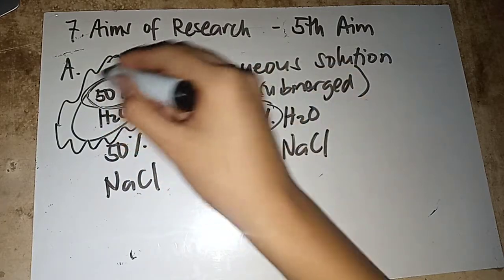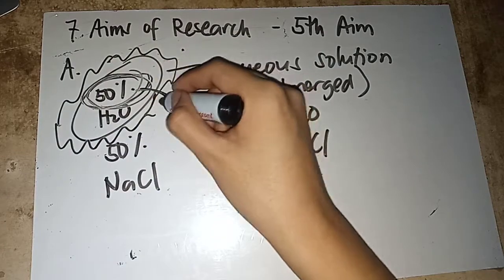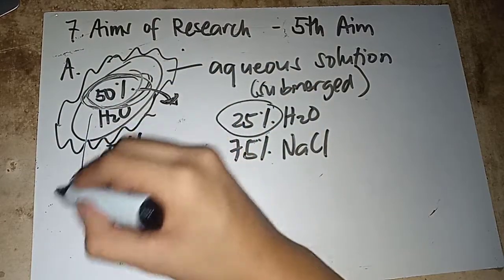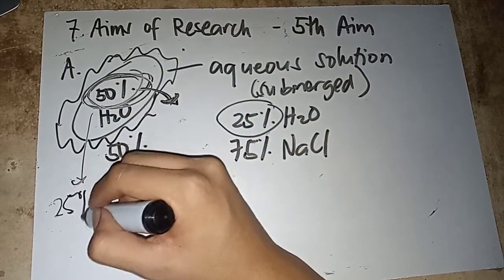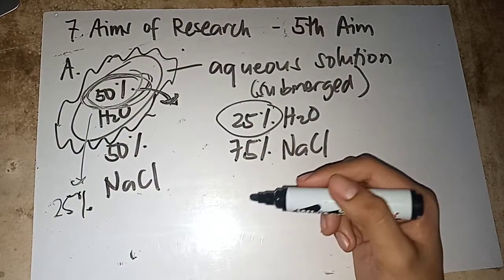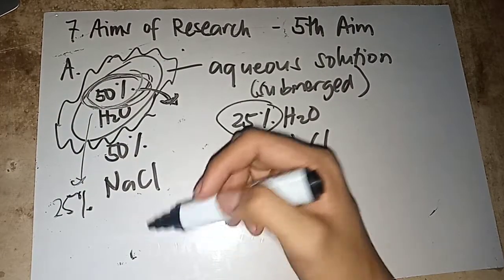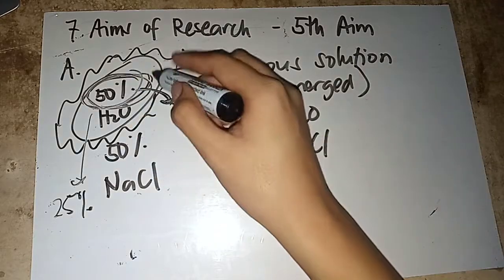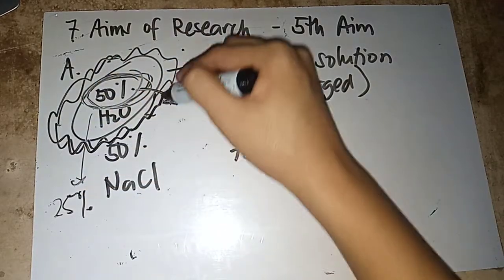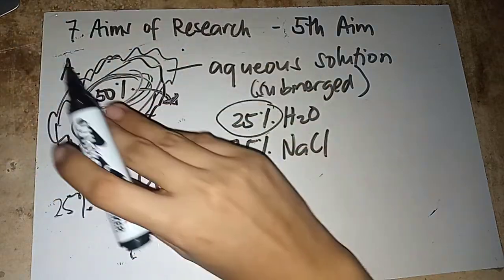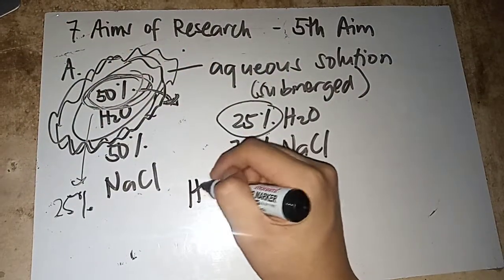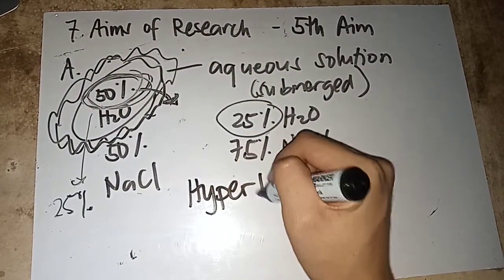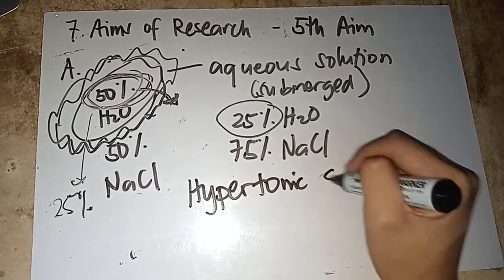The 50% water from the cell will now be deducted to only 25%. Now, the solution present around the cell will be known as a hypertonic solution.